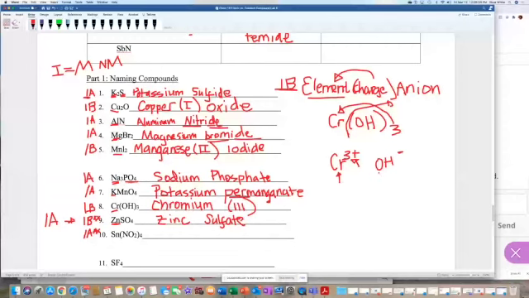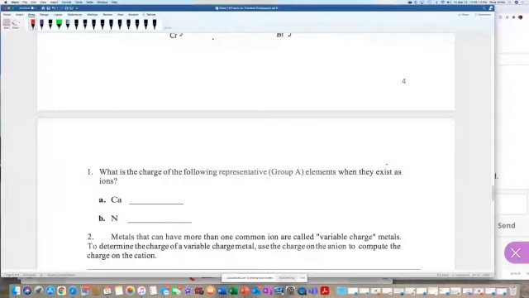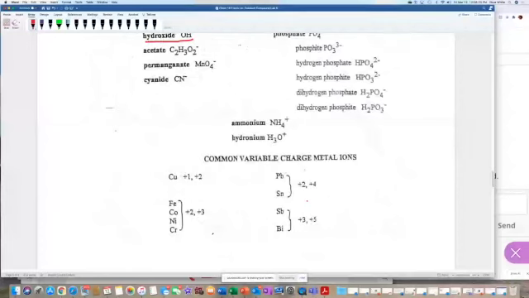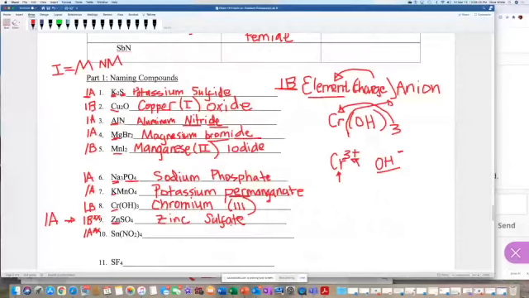This has to be named as an anion. Remember it, or you go to this list. I think it's in the list right here, or maybe not. Oh, there, I saw it. Hydroxide. So OH as an anion is hydroxide. Okay, so this is how the common ions you guys learned apply to naming compounds.